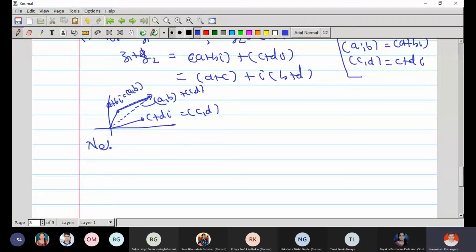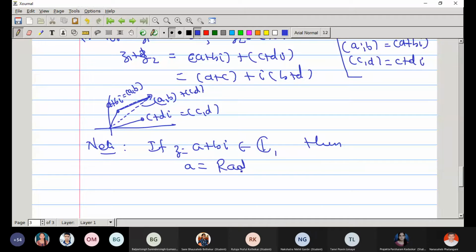Okay, note before this, if a plus bi belongs to the set of complex numbers, then a is called the real part of z, and b is called the imaginary part of z.